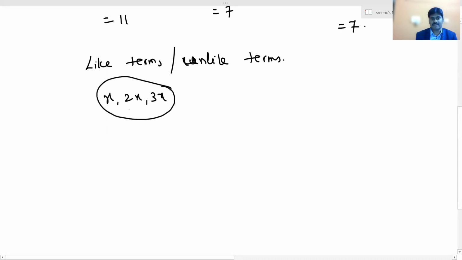So the algebraic expressions which have the same literal factors are like terms. And here some unlike terms I will write: 3x square, 5y square, 7z square. Might be monomial or binomial, whatever it may be. Okay. So these are the like terms and unlike terms. And we can add or subtract only like terms, and we can't add or subtract unlike terms. You can multiply and divide.